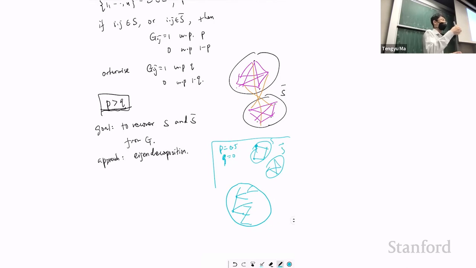This is the so-called small world phenomenon: if another user is from the same group, they should be connected with you by some paths. But you can see, even for me to convince you this algorithm is working for P is 0.5 and Q is 0, it's not that trivial, right? You have to do something.